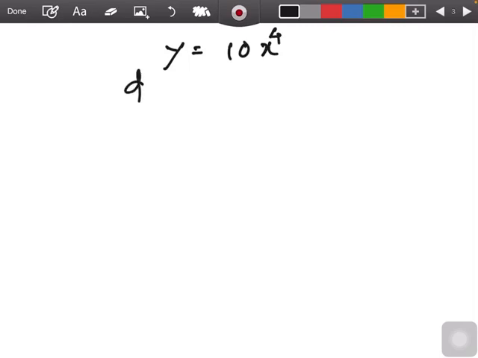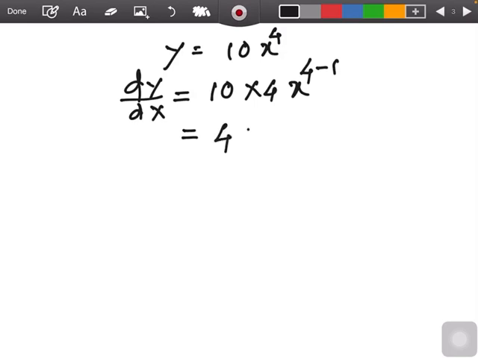How can you find the derivative? dy by dx is equal to 10 into 4 x to the power 4 minus 1, which is equal to 40 x to the power 3. This is example number 2.